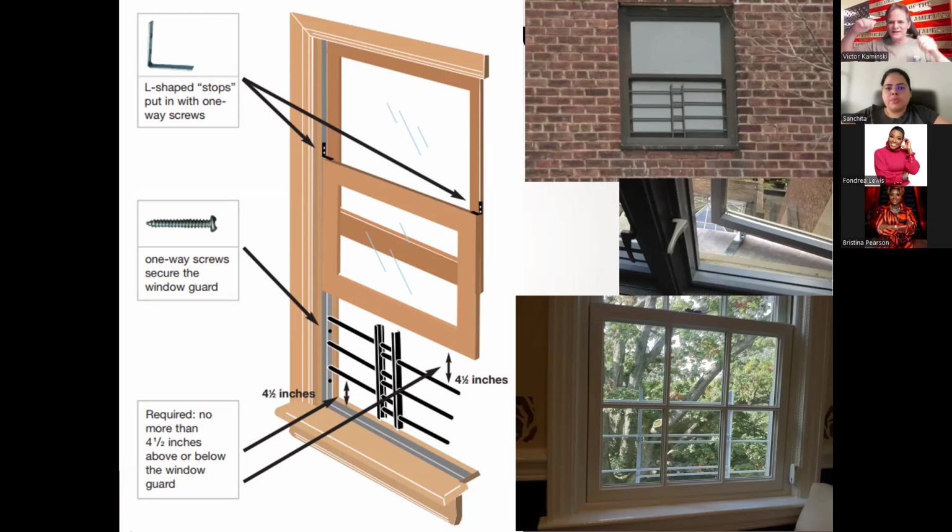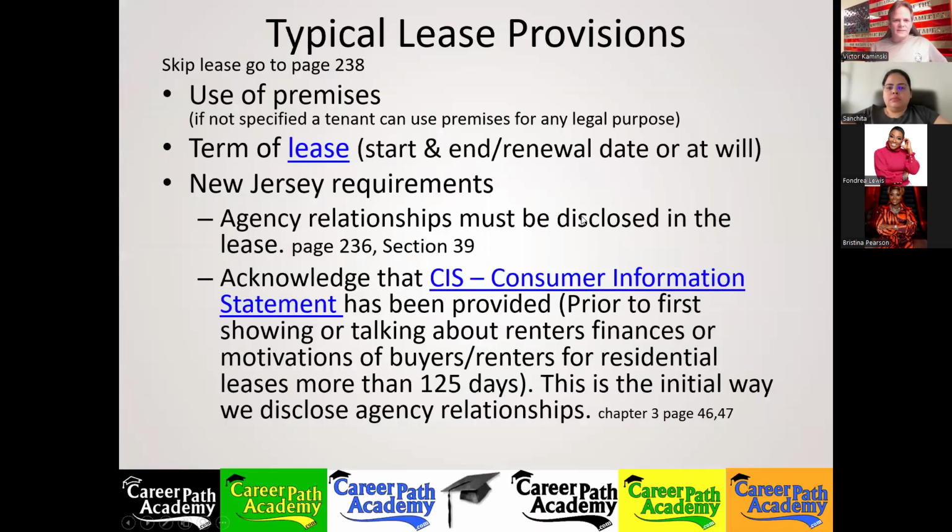If you pull out these snaps, it prevents the windows from opening more than 4.5 inches, at least above where the window guard is. So here's where the window guard gets installed. There's no gaps in them more than 4.5 inches, but there's a bar there that allows you to open the window more to get fresh air in, just no gaps more than 4.5 inches. And they use those tamper resistant one-way screws. All right, typical lease provisions.